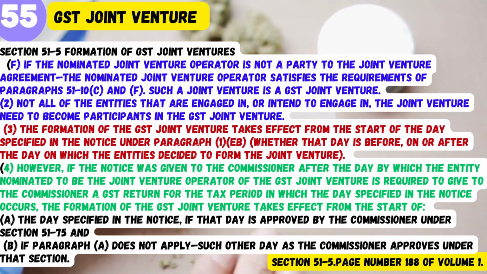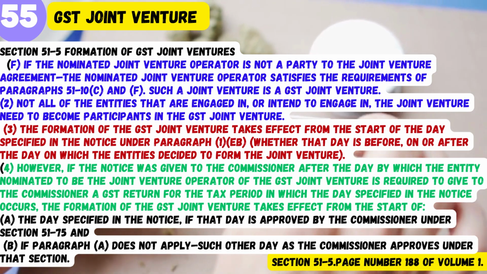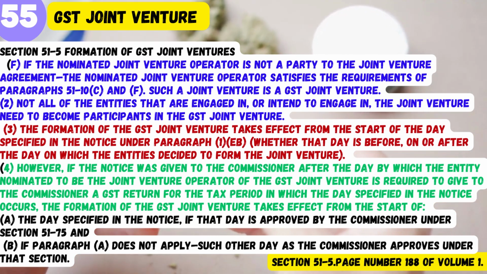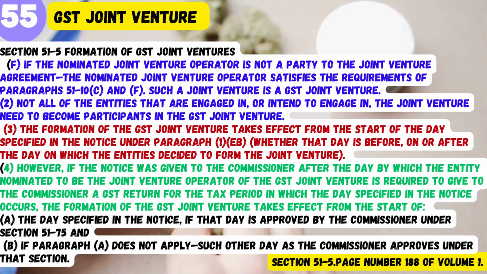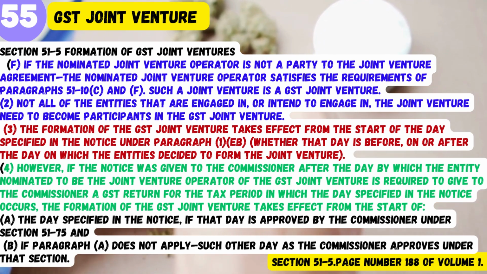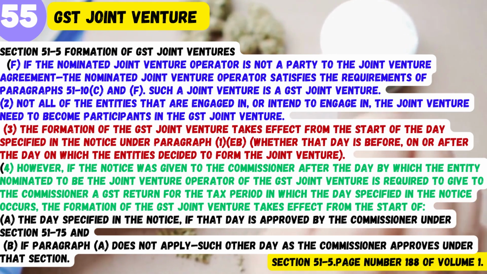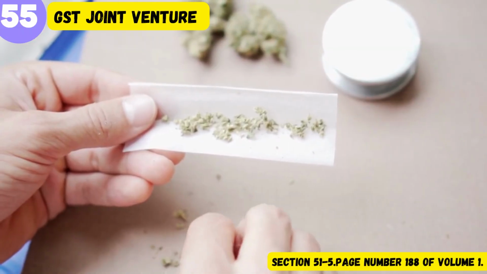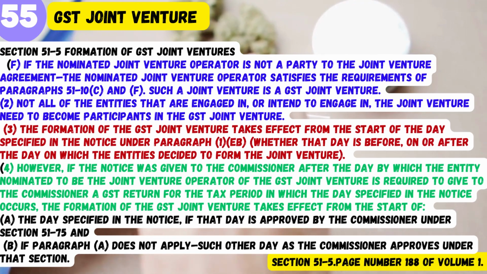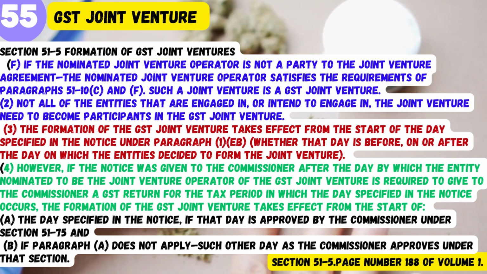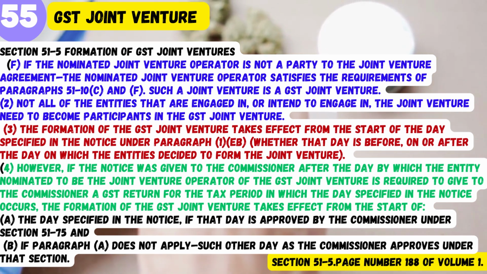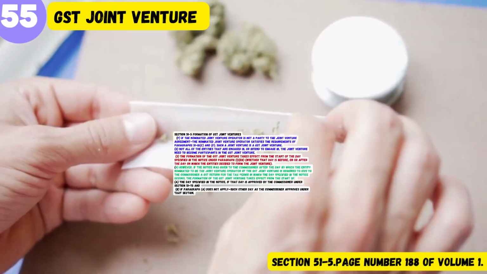However, if the notice was given to the Commissioner after the day by which the entity nominated to be the joint venture operator of the GST joint venture is required to give to the Commissioner a GST return for the tax period in which the day specified in the notice occurs, the formation of the GST joint venture takes effect from the start of A. The day specified in the notice, if that day is approved by the Commissioner under section 51-75 and B. If paragraph A does not apply, such other day as the Commissioner approves under that section.